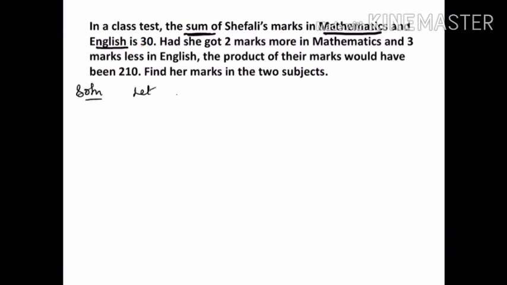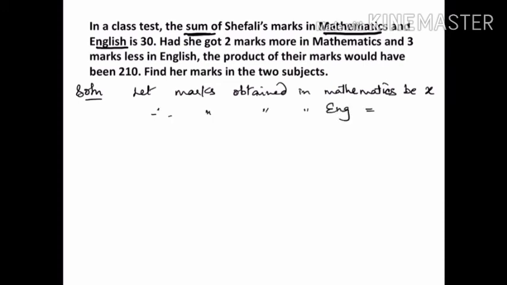So let marks obtained in mathematics be X. Therefore, marks obtained in English will be sum minus marks obtained in mathematics, 30 minus X.